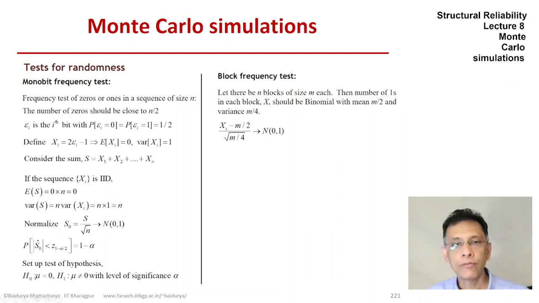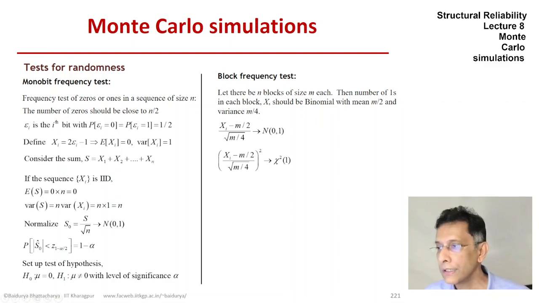If I define X to be the number of zeros in each block, then again by the central limit theorem, X normalized by its mean and standard deviation should reach the standard normal. Let's square each of these, so I get the chi-square distribution with 1 degree of freedom.